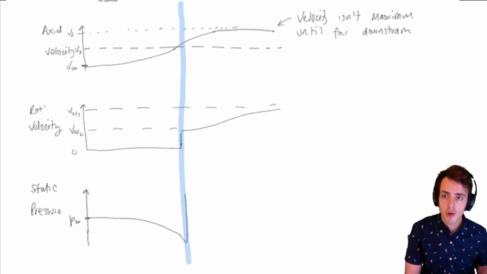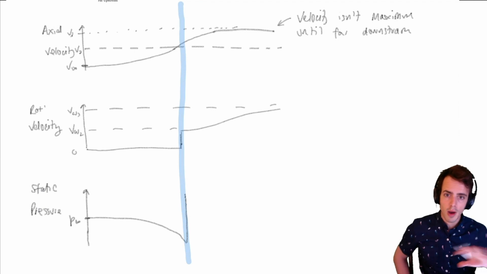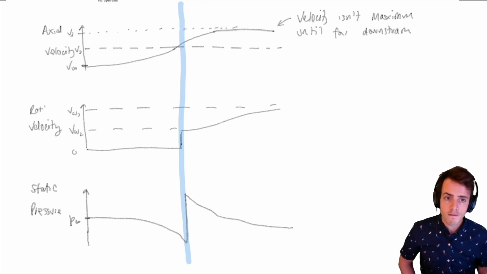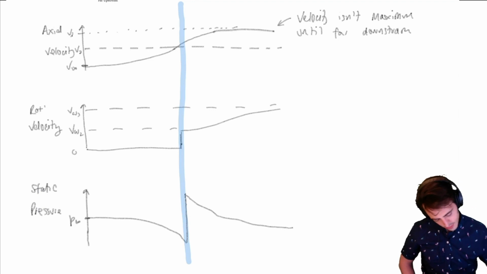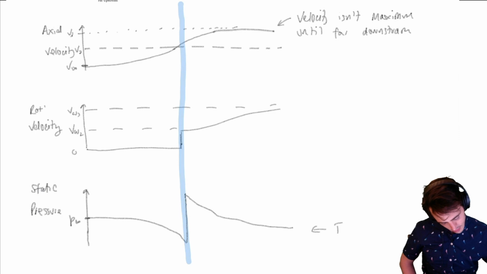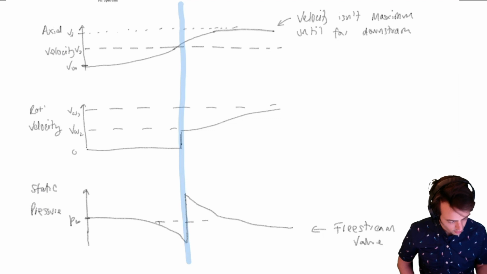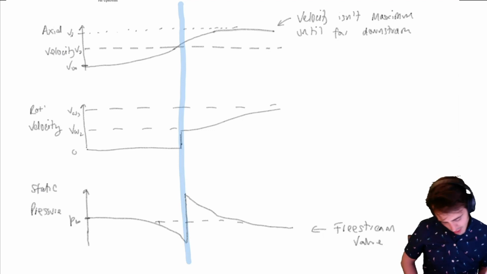That's the pressure that's been caused by this pressure jump across the disk, and it's going to accelerate again until we hit our same free stream value. Let's draw this as a dashed line, just to show that's quite a nice diagram now.